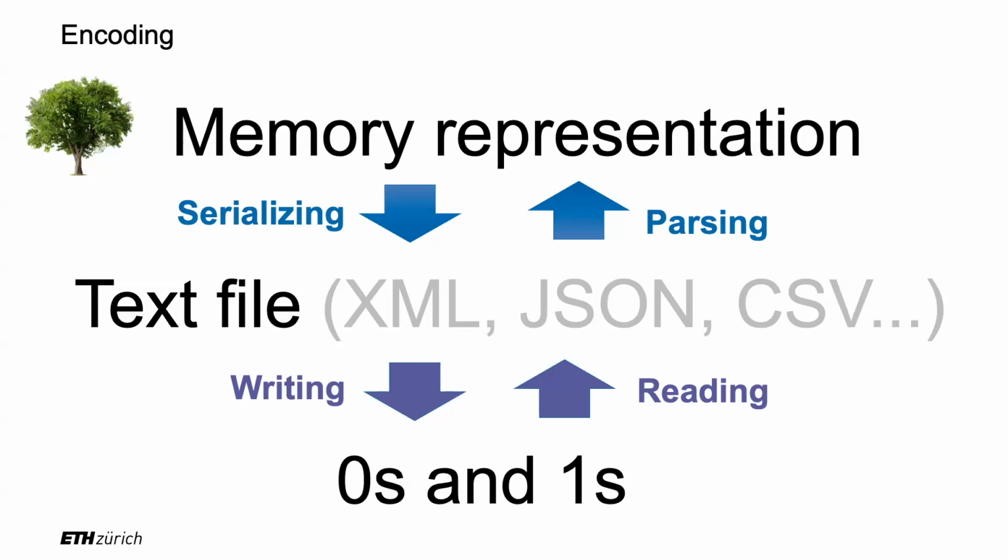The opposite movement is called serializing. You have your data in the memory and you serialize it as XML or JSON or CSV. So when you create a table in Excel and you save it as CSV, in fact, you are serializing the table as a CSV file, right? Does that make sense?